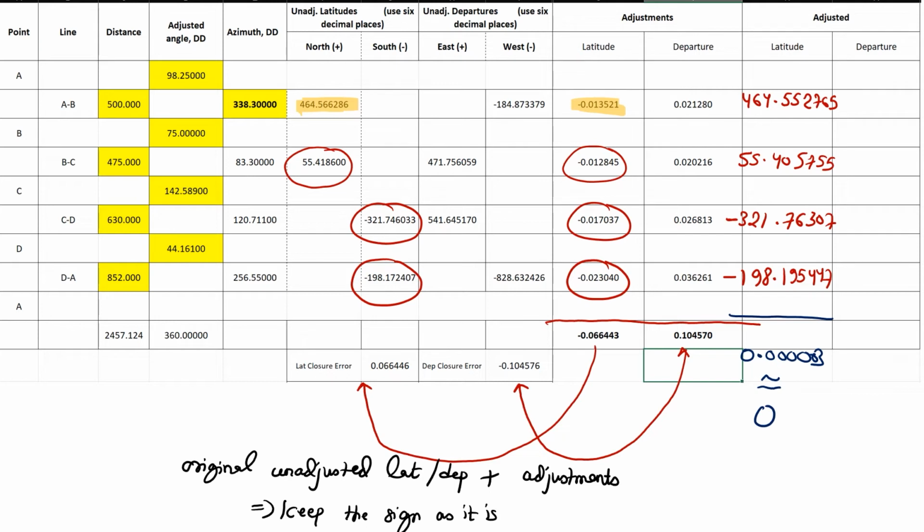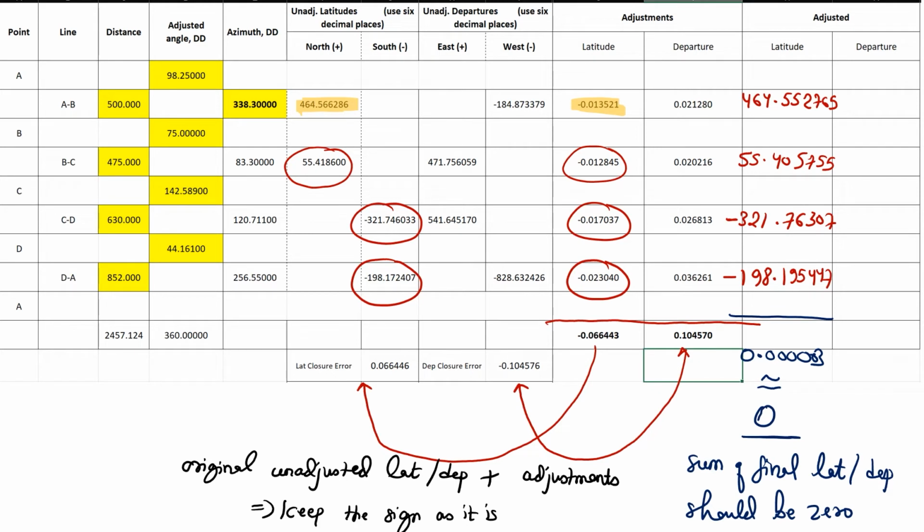So when you find the final values of the latitude or departure and add them, your sum should be equal to 0. The sum of the final latitude or departure should be 0, because if the sum is not 0, then your entire process is incorrect. So make sure that you check the sum and make sure your sum is equal to 0.